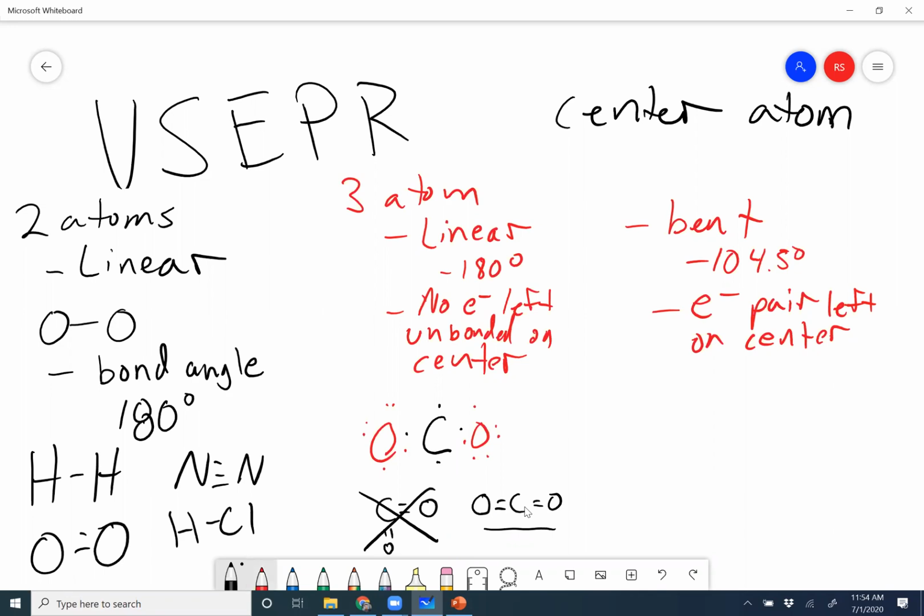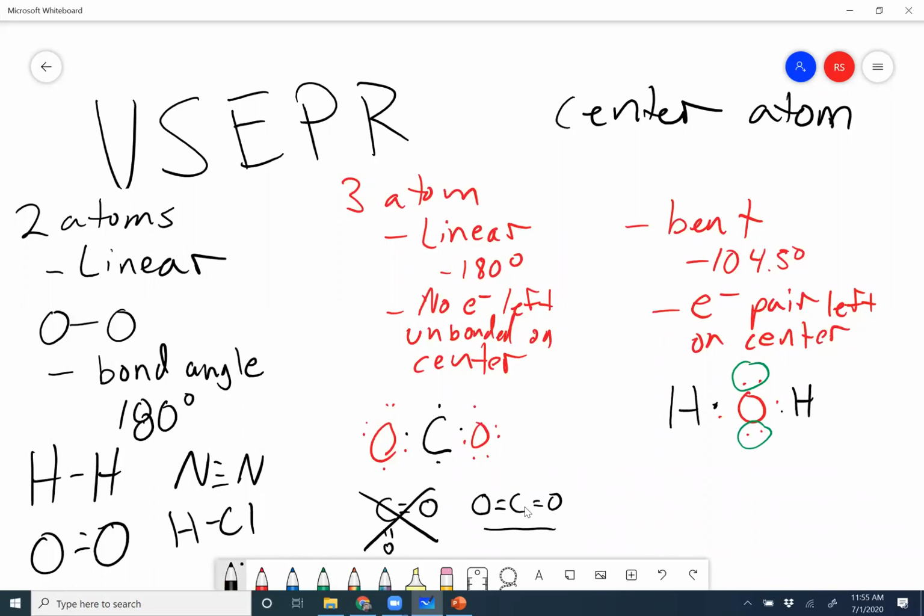But in the case of water, water is two hydrogens hanging out with an oxygen, and you'll notice what's left over. Valence shell electron pairs. They're left over on the center atom.